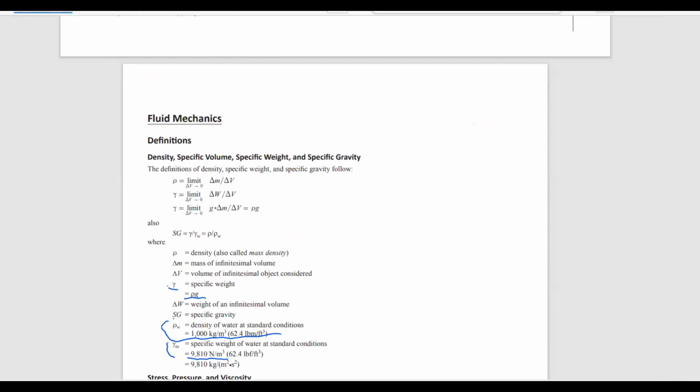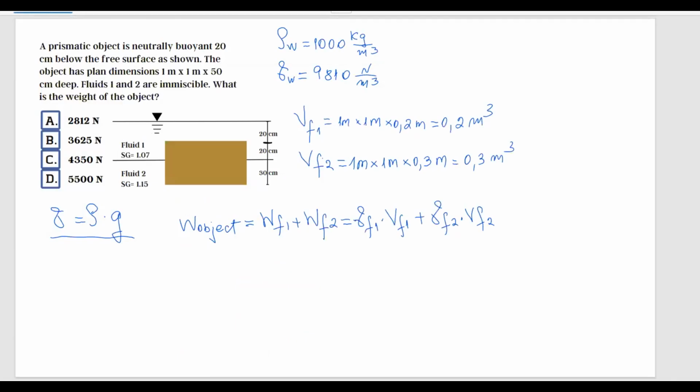From the FE handbook, I'm going to just go back quickly to remind you. In the FE handbook, you are given this formula: specific gravity equals the unit weight of the fluid divided by the unit weight of water. And this is the formula we're going to use. So I'm going to say SG1 equals unit weight of fluid 1 divided by unit weight of water.